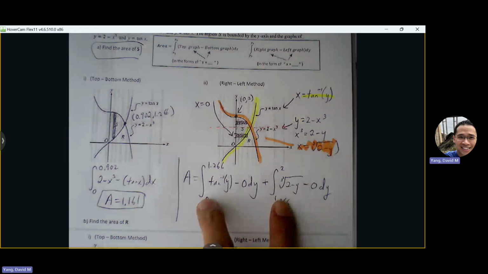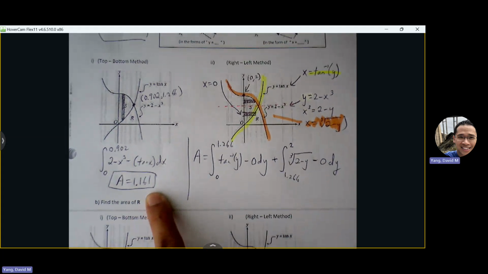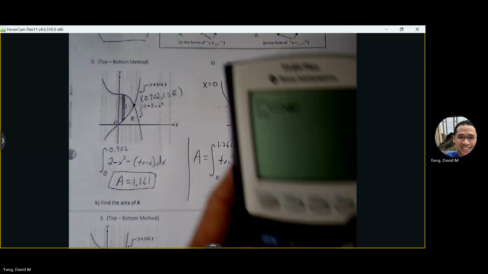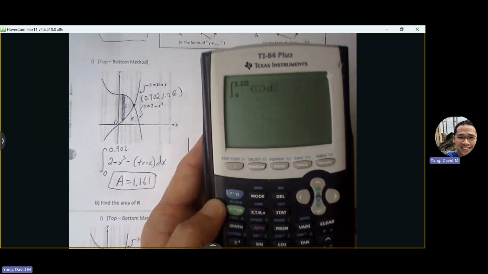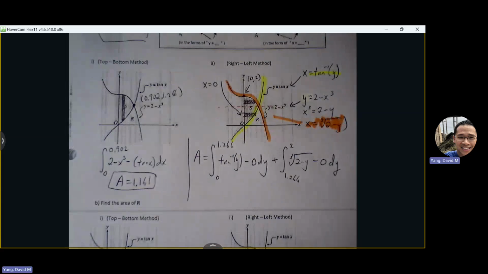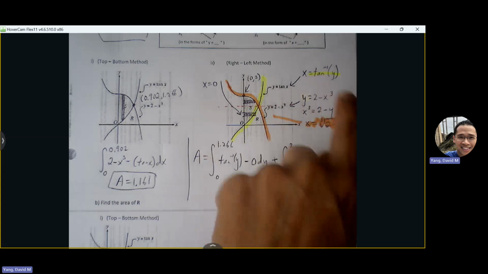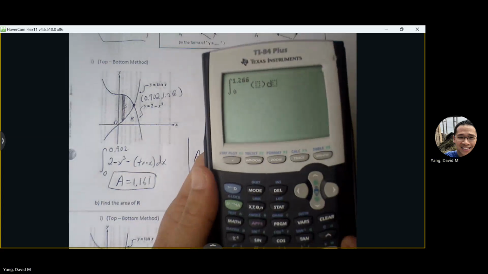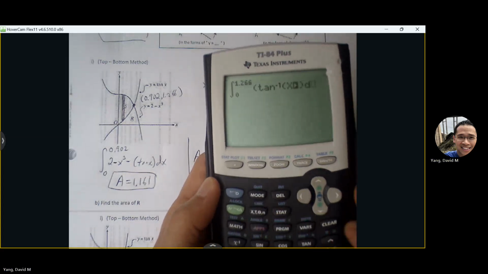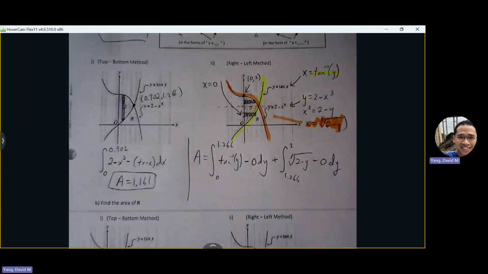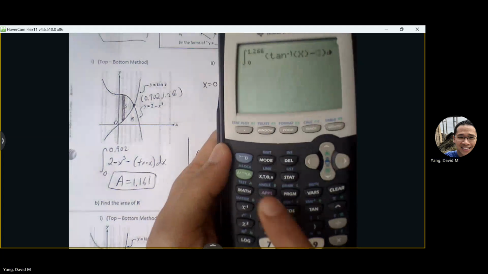Okay, so I'm going to plug this in the calculator. I should get the same answer. I should get 1.161. So we'll do math 9 from 0 to 1.266. I'll do inverse tangent of y, but again, in your calculator, we only want to use x's. On paper, you're going to show y, but in the calculator, you're going to do x's. Minus math 4 will get you to your cube root.